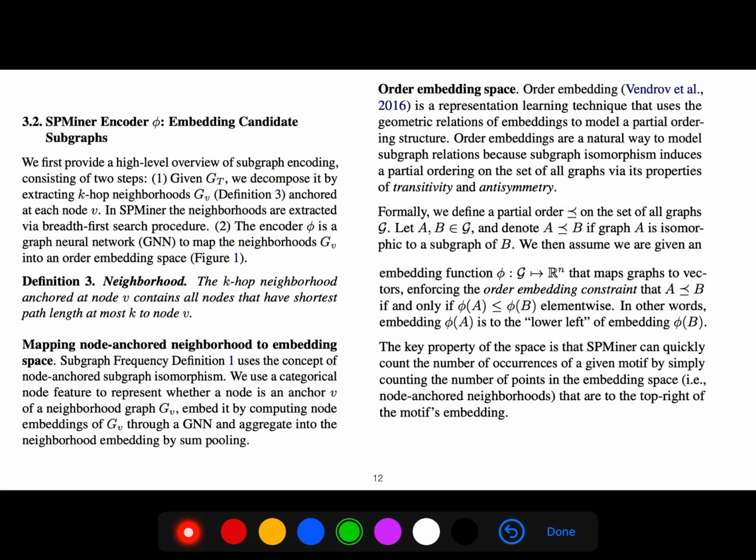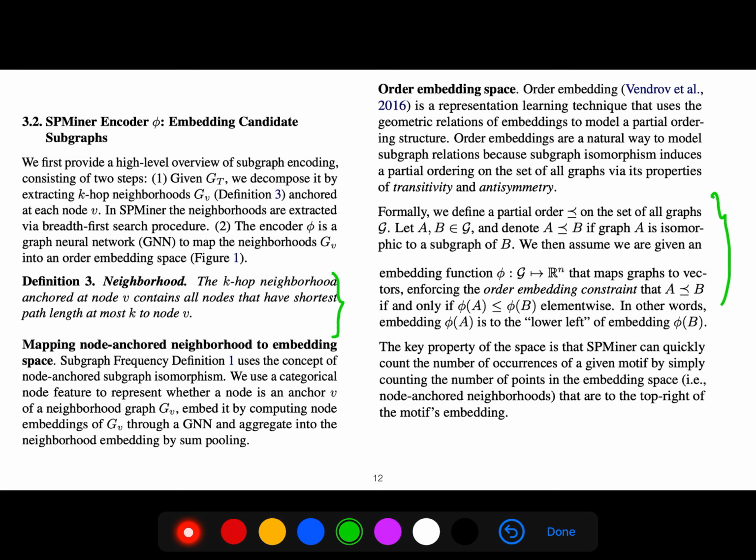The K-hop neighborhood, anchored at node V, contains all nodes that have shortest path lengths at most K to node V. Subgraph frequency definition uses the concept of node-anchored subgraph isomorphism. We use a categorical node feature to represent whether a node is an anchor V of a neighborhood graph, embedded by computing node embeddings through a GNN and aggregated into a neighborhood embedding by sum pooling.